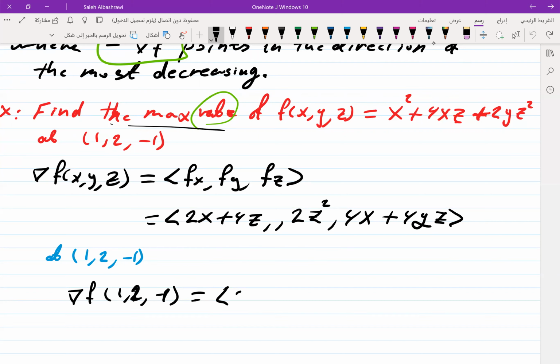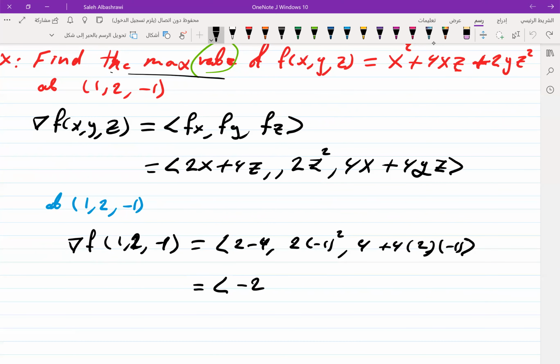So I will have 2 minus 4, and 2 multiplied by (-1) squared, and 4 multiplied by x, which is 4, plus 4 multiplied by y, which is 2, multiplied by -1.